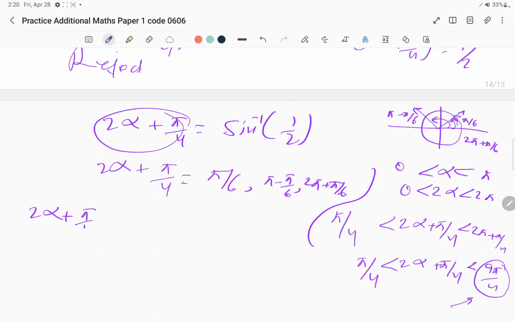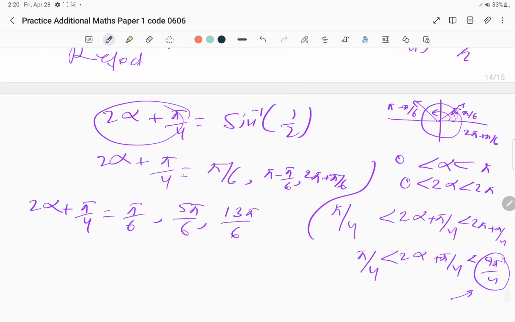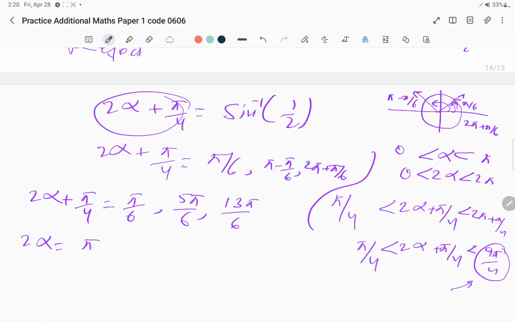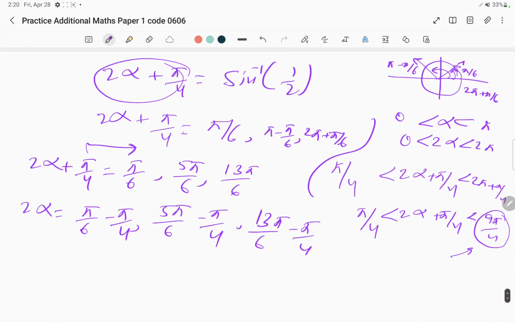So now 2 alpha plus pi by 4 is pi by 6, pi minus pi by 6 which is 5 pi by 6, and 2 pi plus pi by 6 is 13 pi by 6. Now 2 alpha is pi by 6 minus pi by 4, 5 pi by 6 minus pi by 4, and 13 pi by 6 minus pi by 4. I took pi by 4 to the right side. So 2 alpha is, how much? 1 over 6 minus 1 over 4, which is minus 1 over 12 pi.